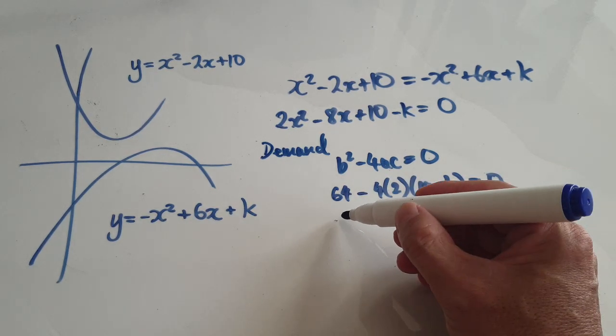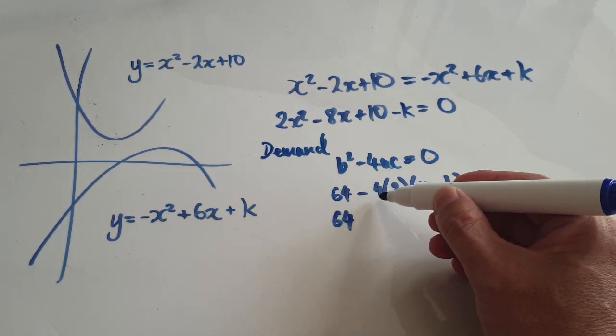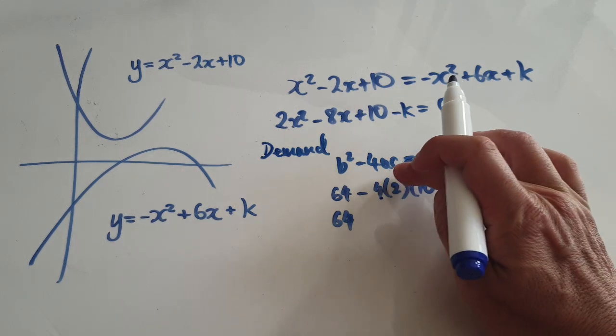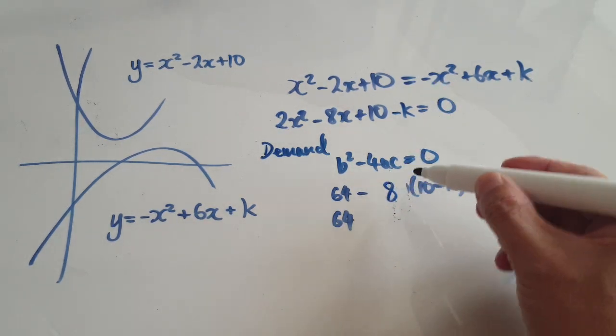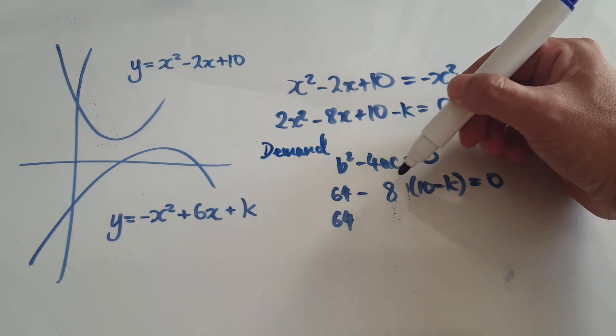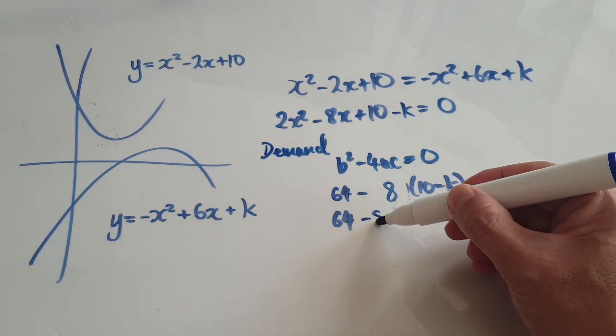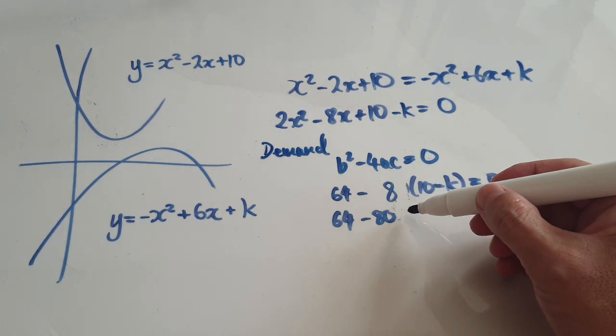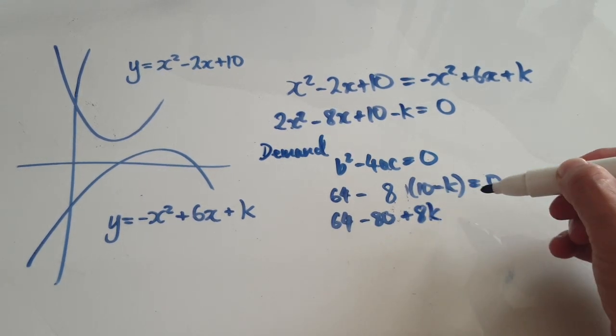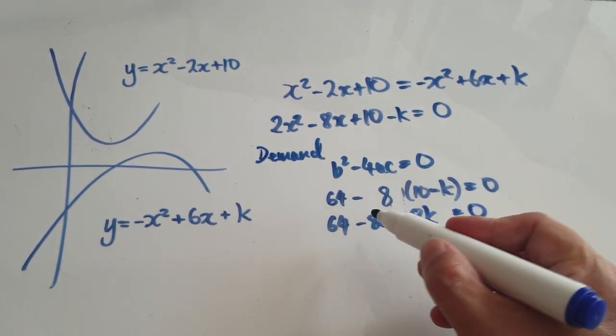So let's just clean this up. 64, and then this thing here will be the number 8. Hang on, 4 times 2 is 8. So now 8 times 10 will be -80, and then -8 times -k, that would be plus 8k equals 0.